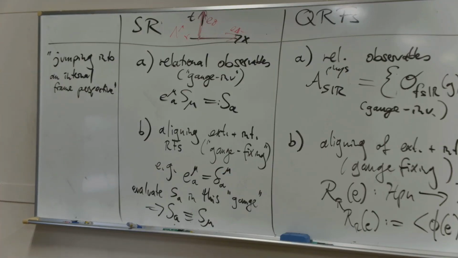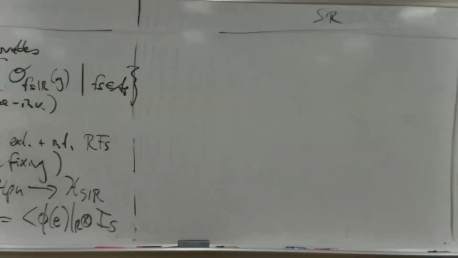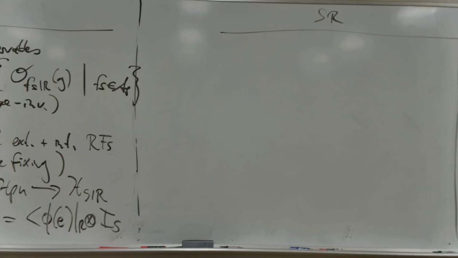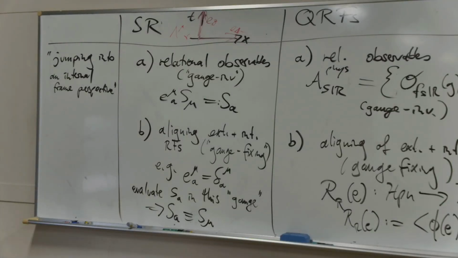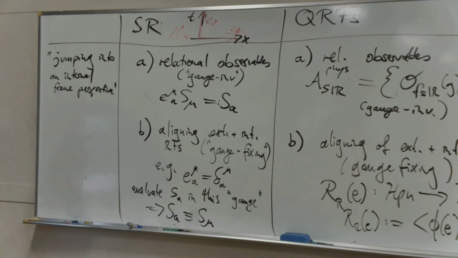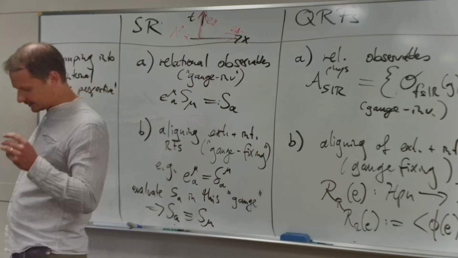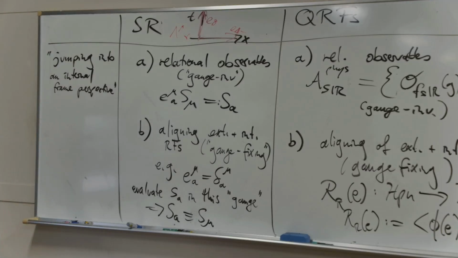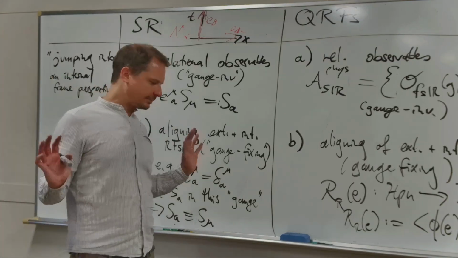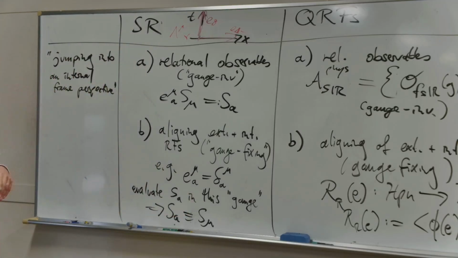For this to be feasible, that you can do a gauge fixing, mimics what happens in special relativity. That's in some sense also the main reason why we're going to this perspective neutral Hilbert space, where we're taking this radical point of view of going to a fully gauge invariant description. But at the end of the day, you can view these R maps, which we call reduction maps, as just gauge fixings. That's like jumping into the frame perspective. Once you do this gauge fixing, the remainder describes only the system.